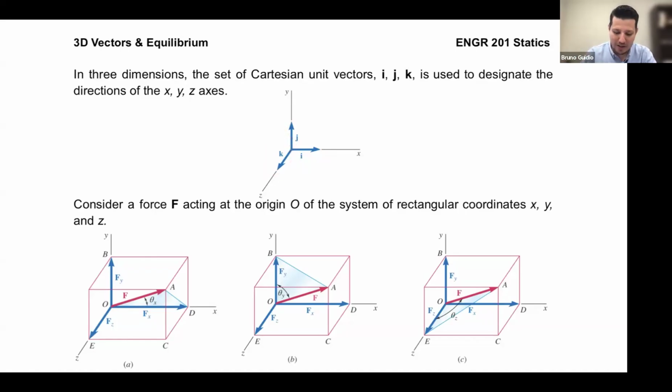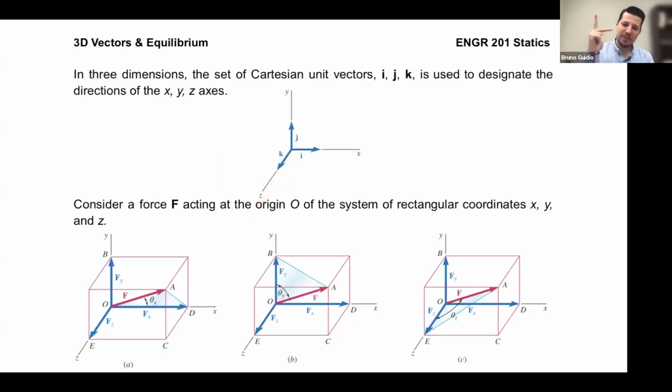And as you can see here, going to the right, as we have been using so far in this class, is the positive direction of x. Going up is the positive direction of y. And then kind of leaving your screen, okay, leaving your notes, is the positive direction of z.